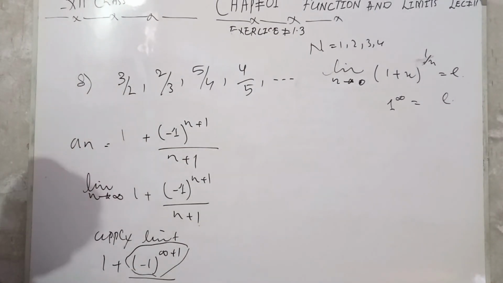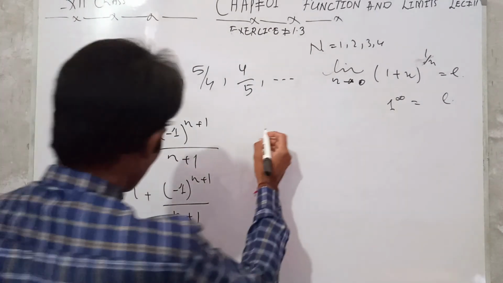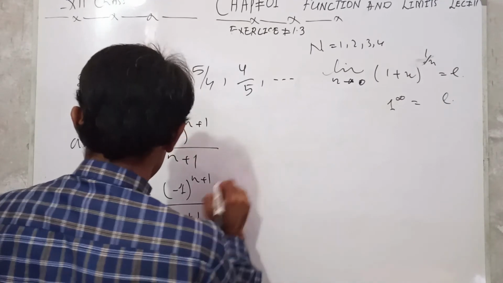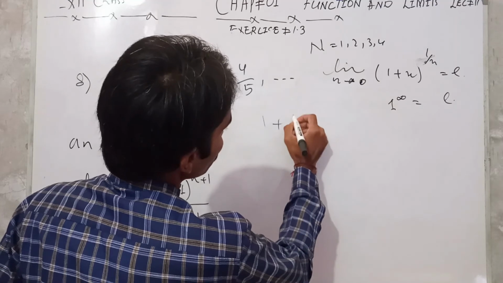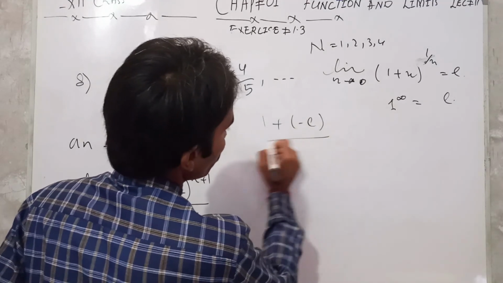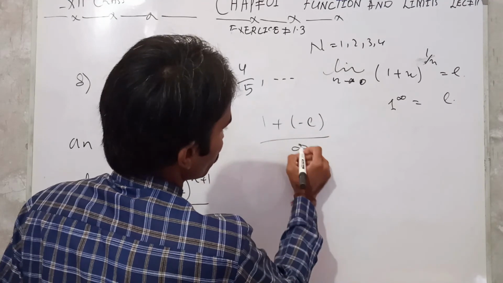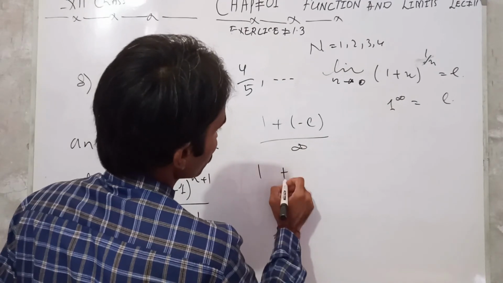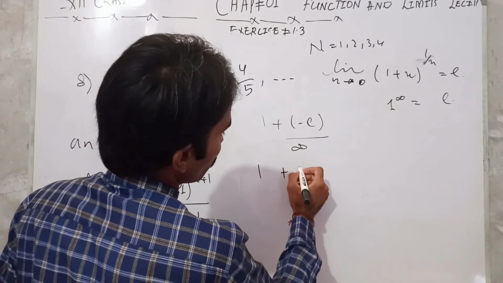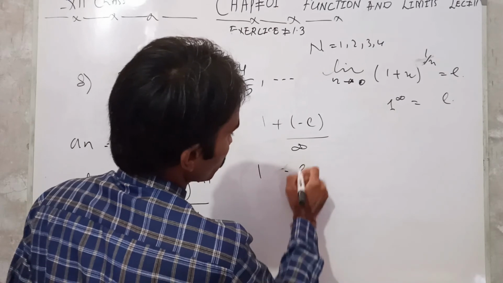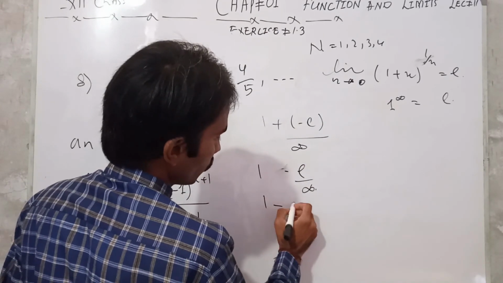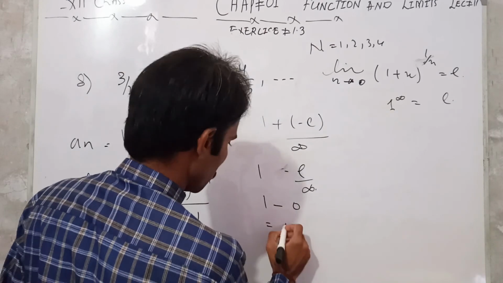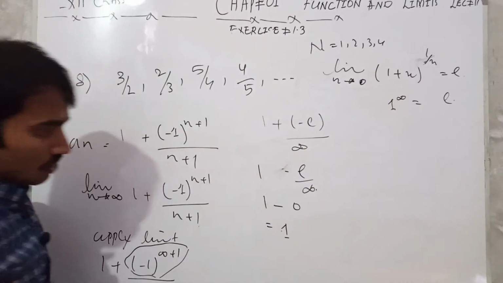So in that term we get 1 plus minus e divided by infinity. Anything divided by infinity is equal to 0, so 1 minus 0, the answer becomes 1. So this is the limit.